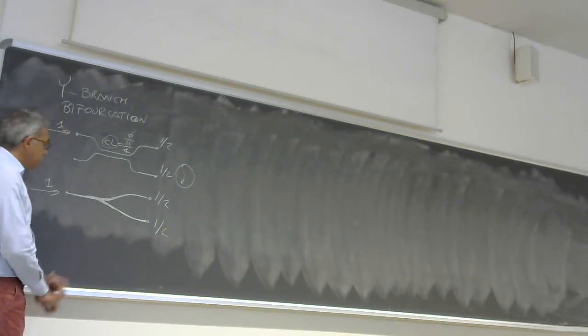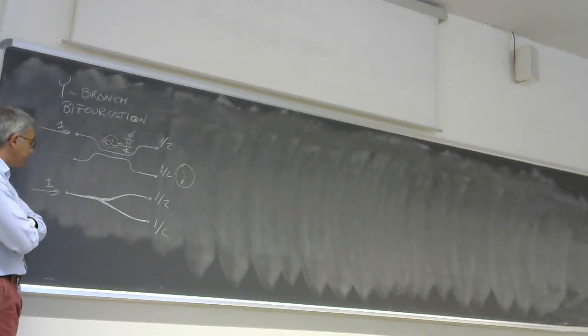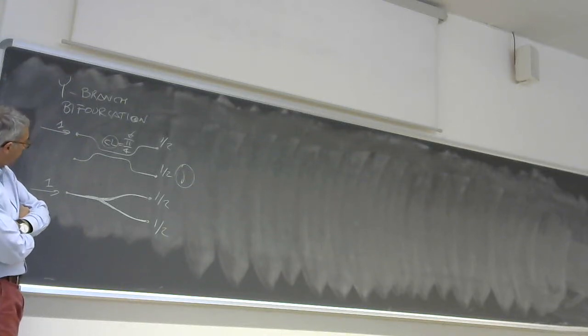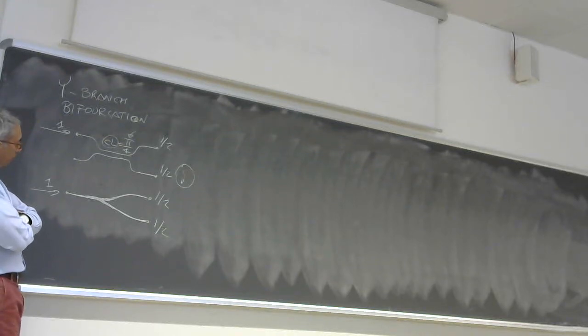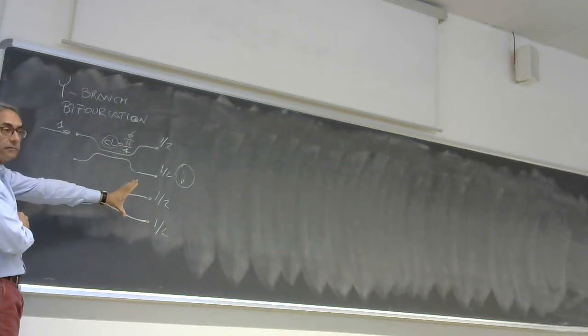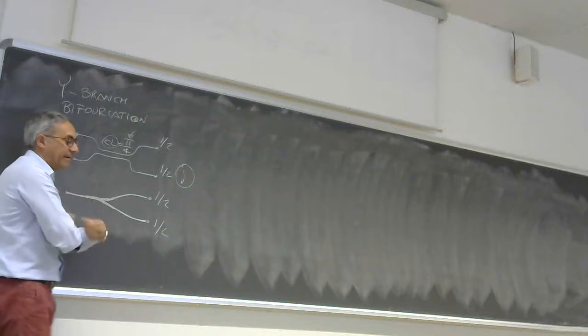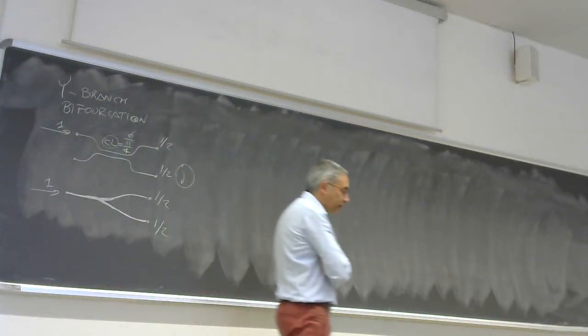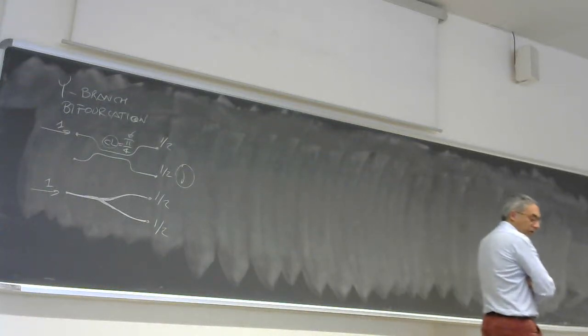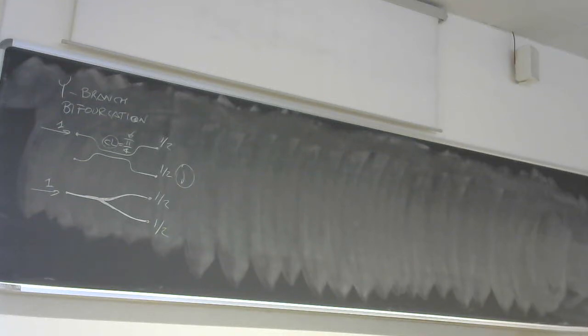Advantage and disadvantage, and then we move to the explanation of how it works. The main advantage is that it is a symmetric object, and the symmetry comes from the lithography. So when you realize this device, it is difficult to make an error in the symmetry of this device.